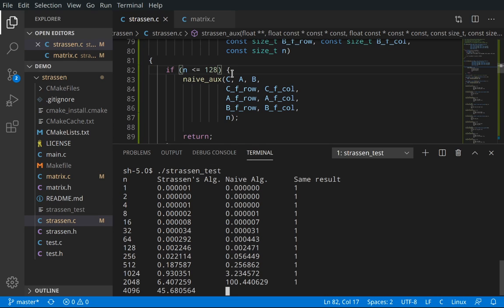And by saying, okay, I don't want to keep building up new matrices, I don't want to keep applying recursive calls under 128, we reduced those constants. And by doing so, we were also able to reduce the execution time.